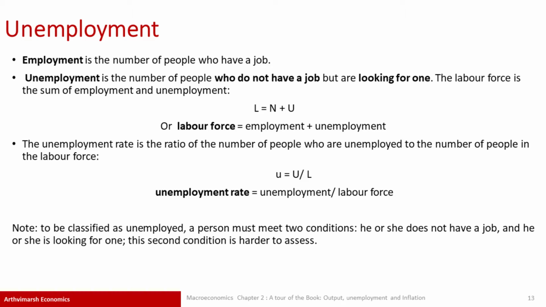So L is given as the sum of N, that is the employed, plus the unemployed, U, or labor force equals employment plus unemployment. The unemployment rate is defined as the ratio of the number of people who are unemployed to the labor force. So the unemployment rate is the ratio of unemployment upon the labor force.